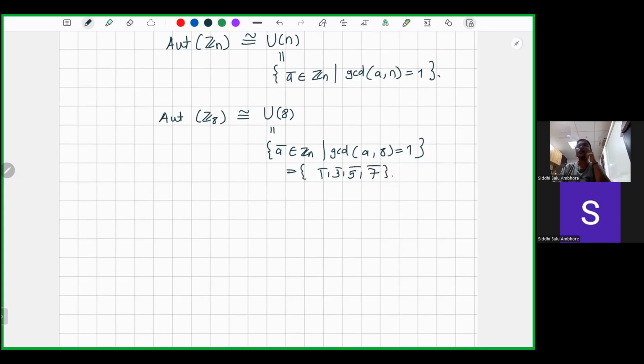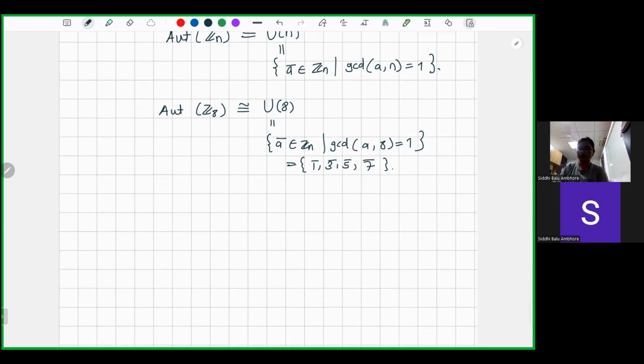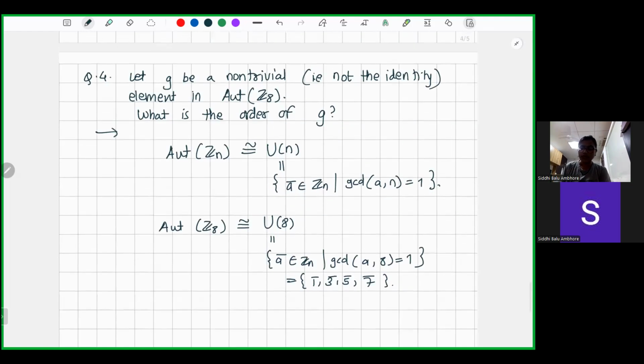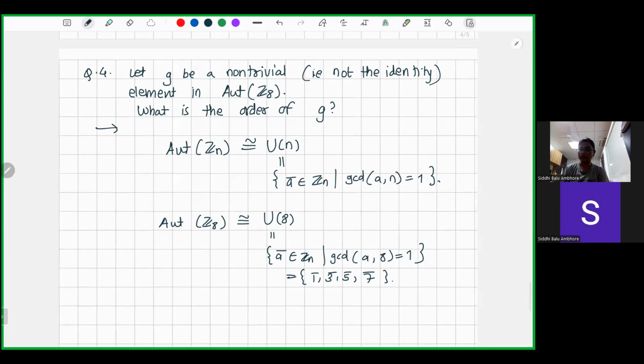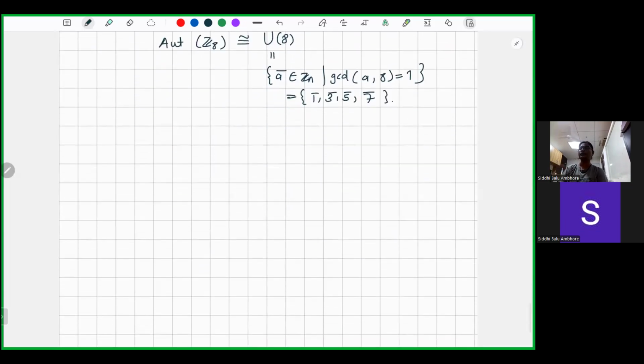You can check this because GCD of 2, 8 is 2, 4, 8 is 4, 6, 8 is 2, and so on. So we want GCD 1 elements. So these are the only 4 elements. So we are asked if I choose any non-trivial element, meaning any non-identity element. So we have the choice of 3, 5, 7.